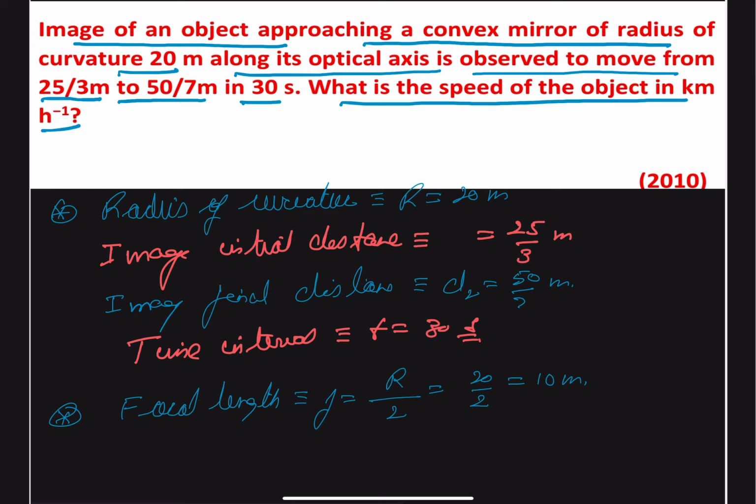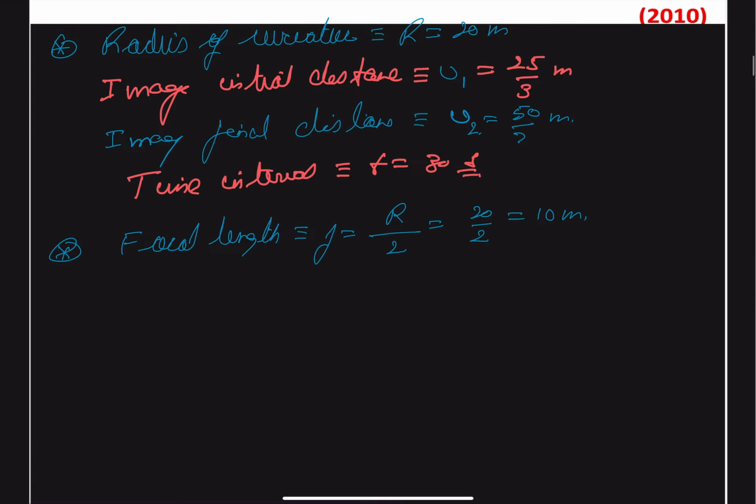This was confusing for me. So this is our v1 and this is our v2. That's correct. And we just found out the focal length. Then we are going to use the mirror formula for initial distance as well as the final distance.